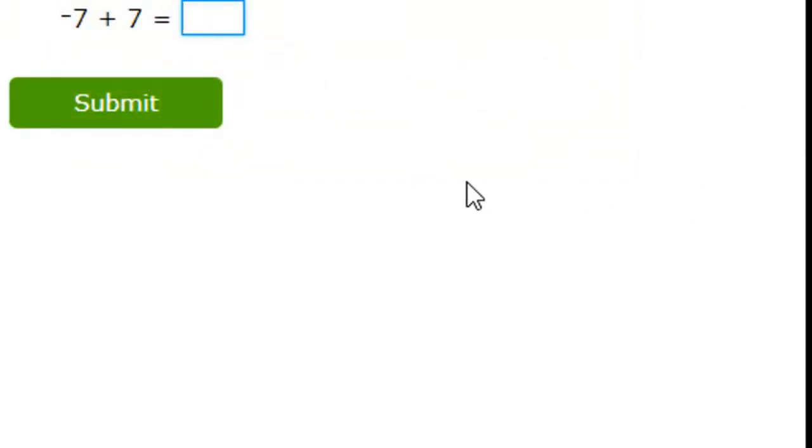Another example, we have negative 7 plus 7. Two integers have different signs, so we subtract them. 7 minus 7 equals 0, and that is the additive inverse property.